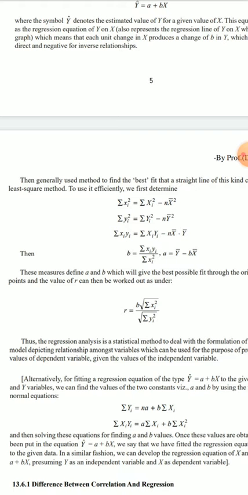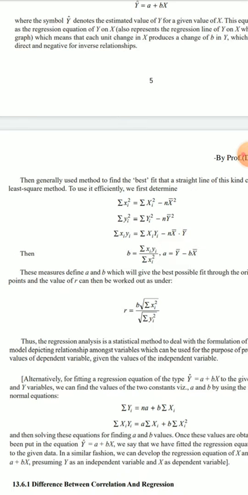First point: correlation is a symmetrical function between x and y, but regression is not a symmetrical function between x and y.